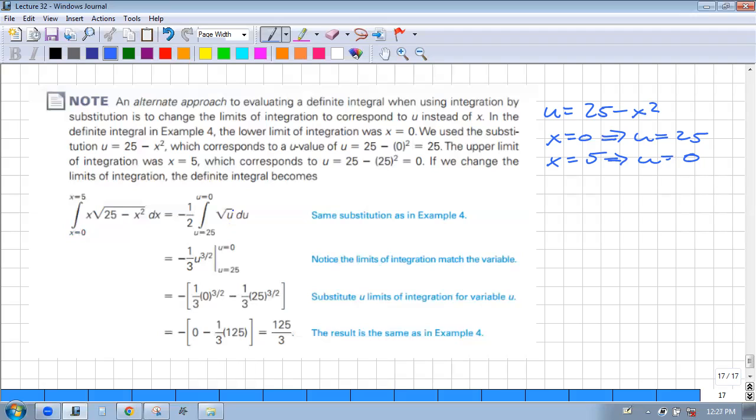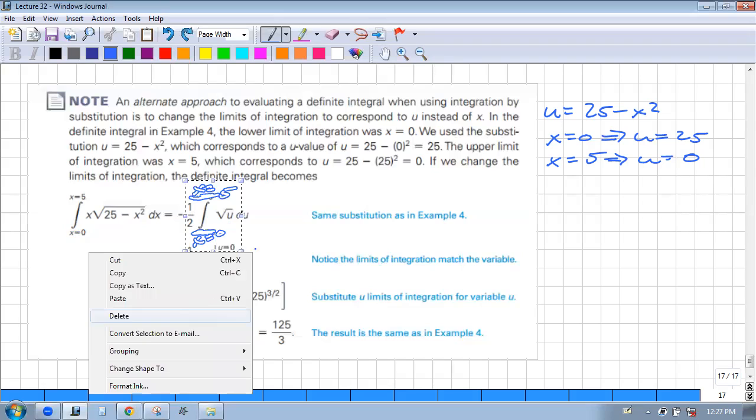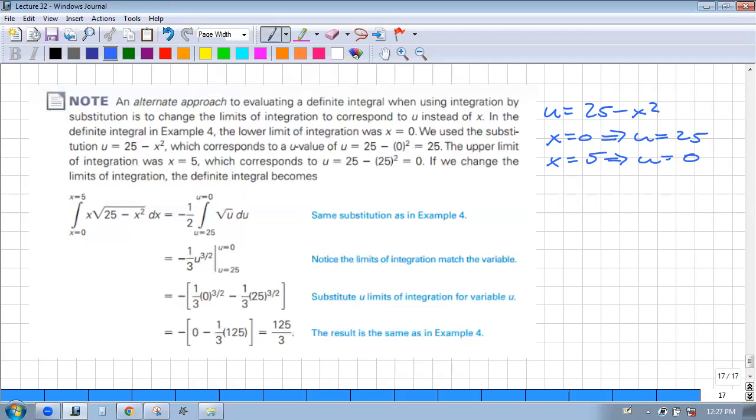So if I have u's over here, I could not go 0 to 5, because that's not the same integral. U is not going from 0 to 5. This is what x's are. So if I put 0 and 5 there, I'd have to put x, to let you know that I'm talking about x. That's what they originally were. So just be careful whenever you do that. Do it one way or the other, but do it right. Okay? You get the same answer either way.